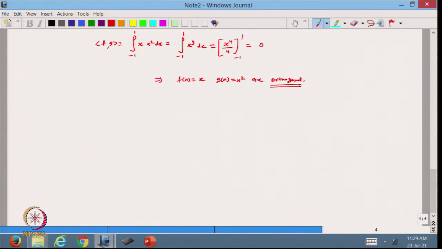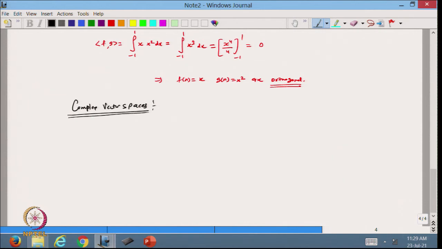Now, after dealing with all these things in the real vector space, let us see what is going to happen when we deal with complex vector spaces. In this lecture, I am going to give you a quick review of how complex vector spaces are defined.